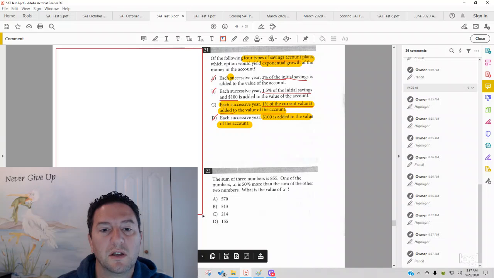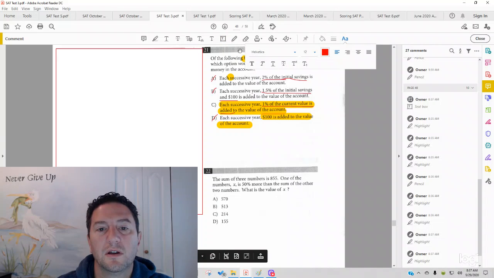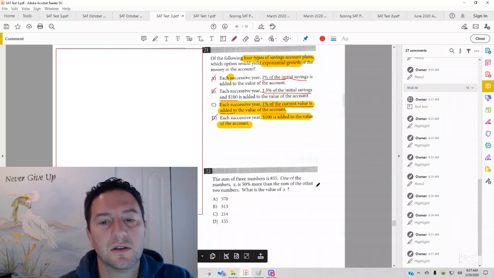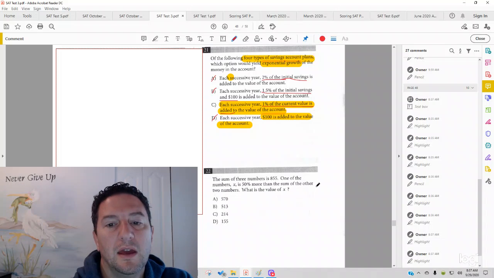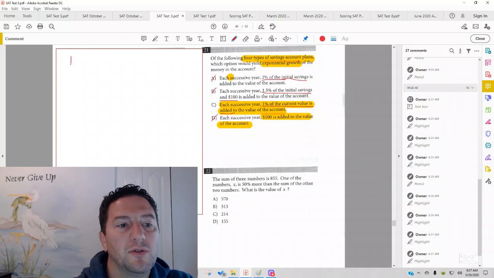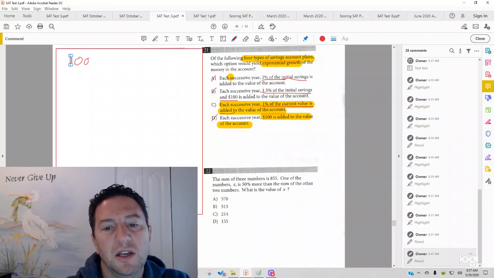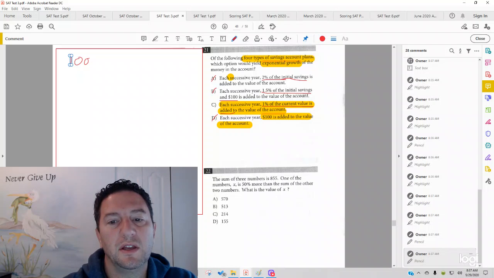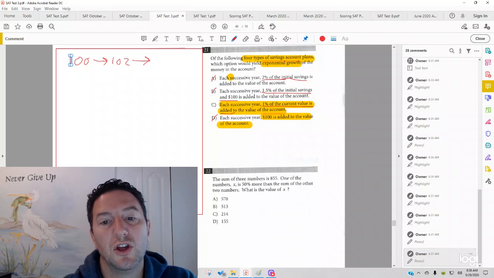And what I'm going to do is I'm going to white out part of the screen so I have a little room to work. And so let's say you have $100 in the account. If you're checking answer choice A, if it's 2% of the initial savings, 2% of $100 is $102. So after the first year, you're going to have $102. After the second year, if it's 2% of the initial savings added, it's going to be $104.